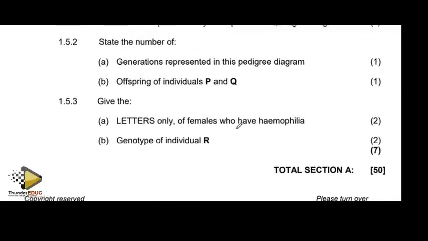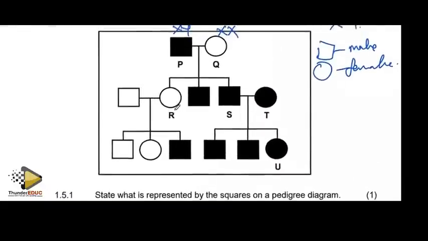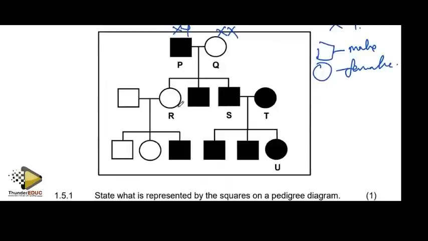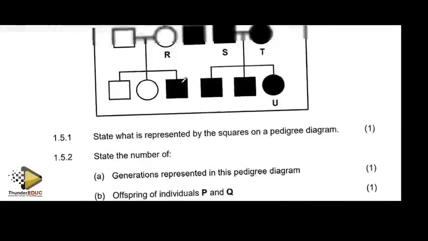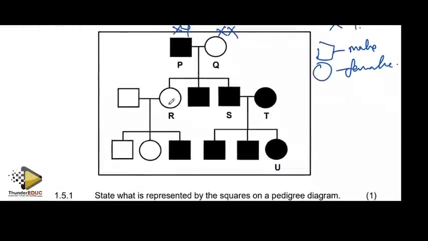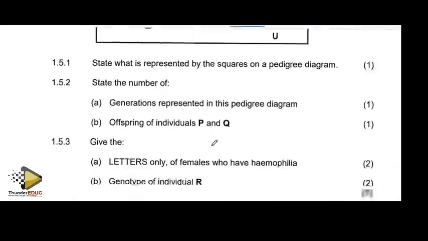Then give the genotype of R. Where is R? R is a female, but she came from a father who had hemophilia. So it means that she is heterozygous. This one and this one gave rise to a baby who is sick with hemophilia, so the mother is heterozygous.